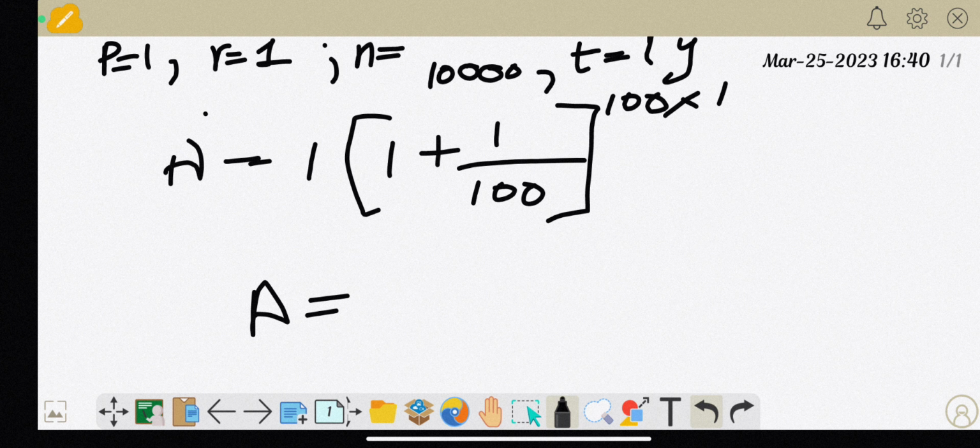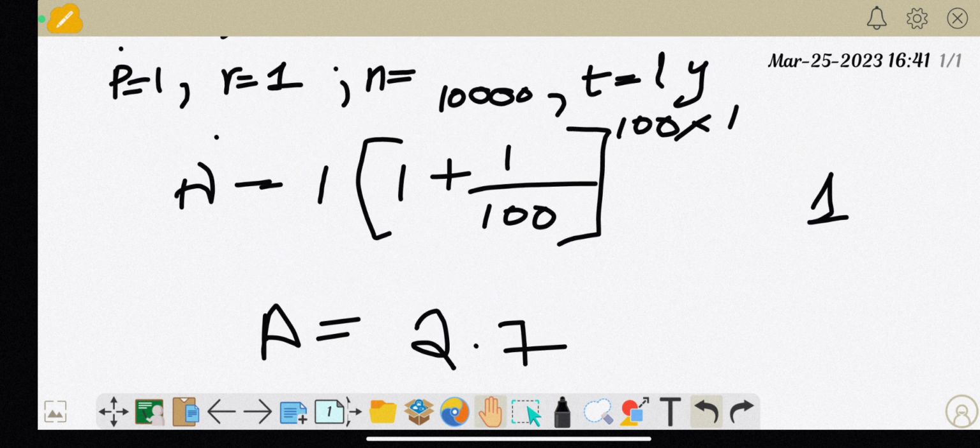If I put x equal to 100, what answer did I get? See, 2.7. Just verify this. If I deposit 1 rupee and compound it 100 times in a year, then at the end of the year my 1 rupee will be 2.7 rupees.